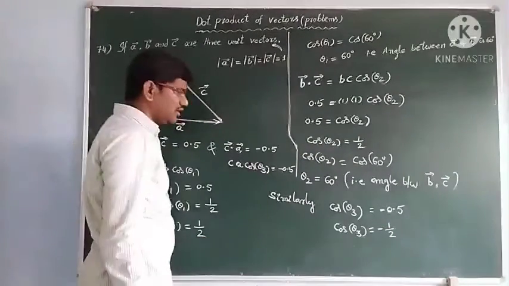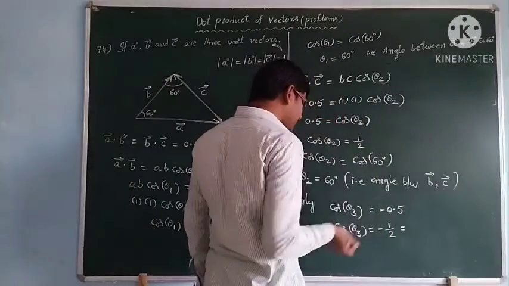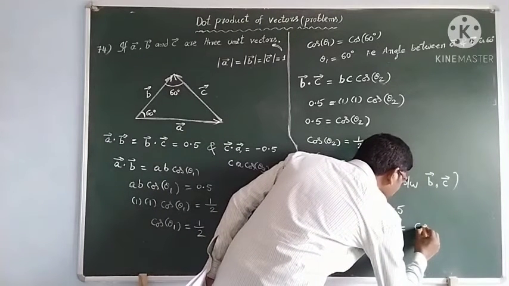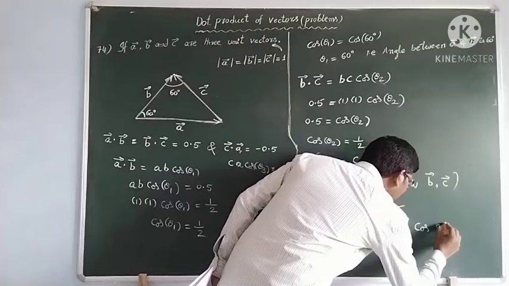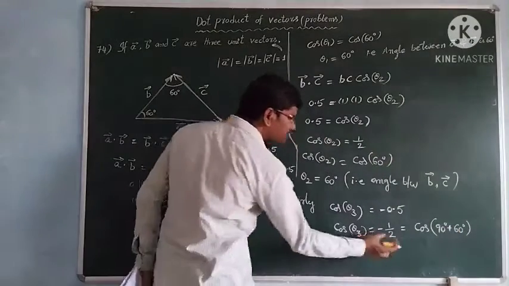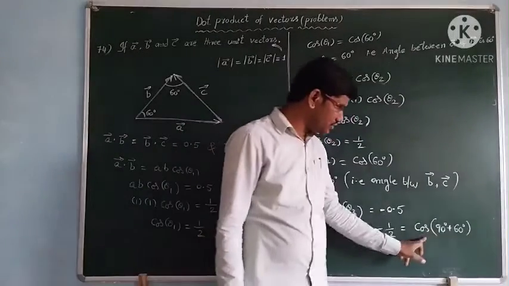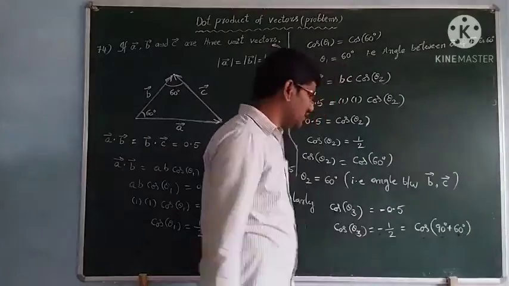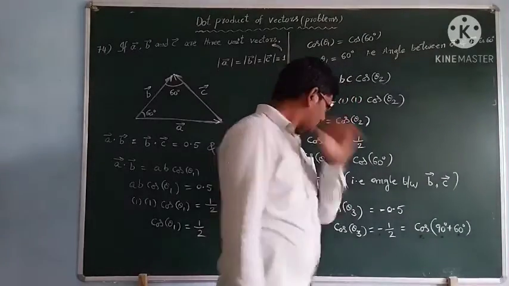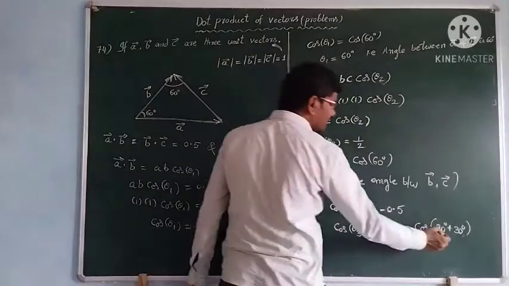Okay. And it is same as that of cos 90 plus 60 degrees. So cos of which angle has value minus 1 by 2? In the second quadrant, cos is negative, so I am writing cos 90 plus 30 degrees, and because of this 90, cos will become sin.